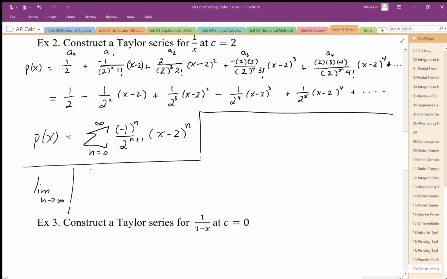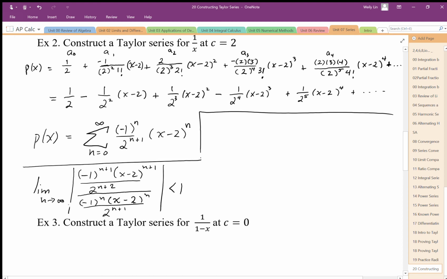And so this is going to be negative 1 to the n plus 1, (x minus 2) to the n plus 1 over 2 to the n plus 2, over negative 1 to the power n, (x minus 2) to the power n, and then 2 to the power n plus 1. Okay, so there's my ratio test.